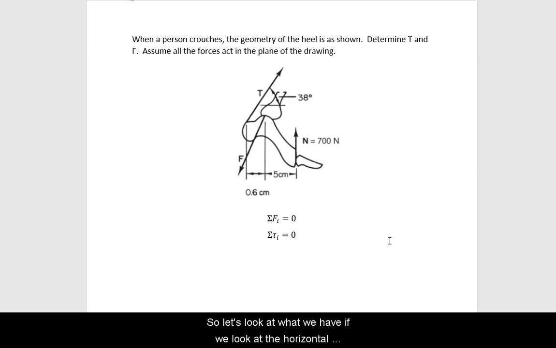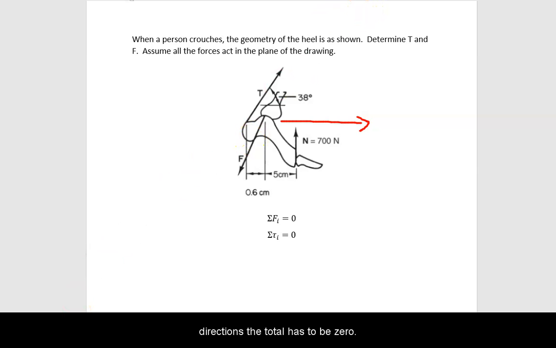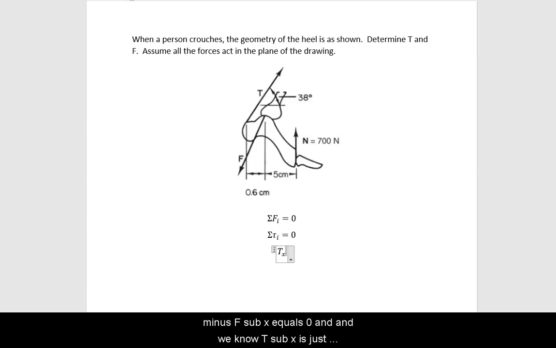So let's look at what we have. If we look at the horizontal components, in the horizontal direction the total has to be zero. So what are the horizontal components? Well, there's the tension T sub x minus F sub x equals zero.